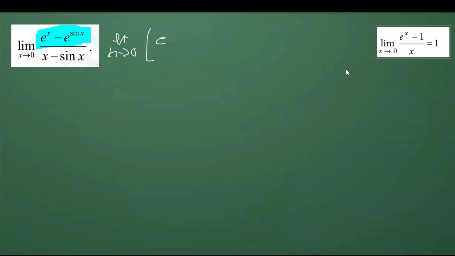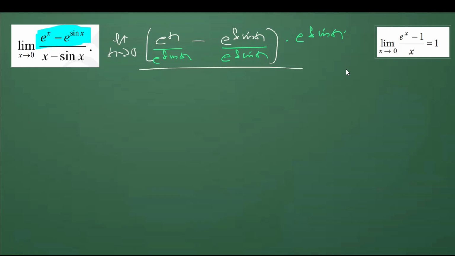So this is e raised to the power x minus e raised to the power sine x, and I'm going to divide and multiply by e raised to the power sine x. Then we have the whole denominator as x minus sine x.